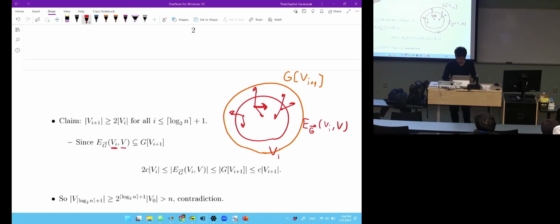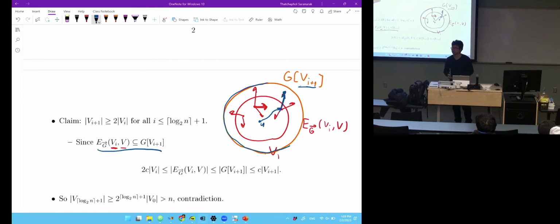Why is that? Because if this is u, everyone in V_i has a path of length i from u. If you go out of this set, it's just a path of length i plus 1, so that guy is in V_{i+1}. Now, if I look at the graph induced by V_{i+1}, all the red edges here are inside this graph. Make sense? I claim this.